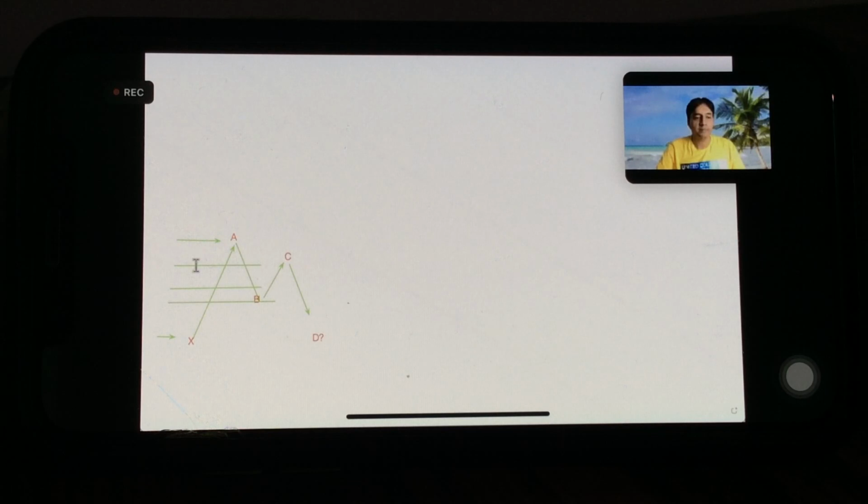Do you agree? This B point is at 0.618 of XA.